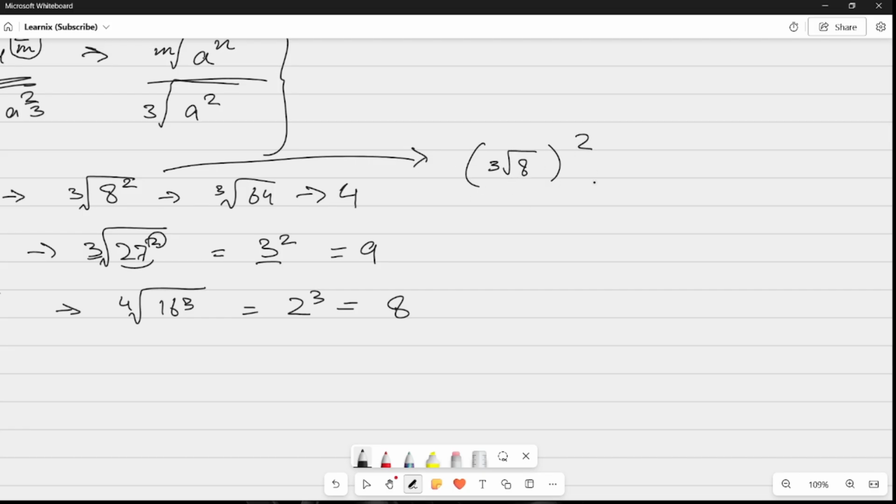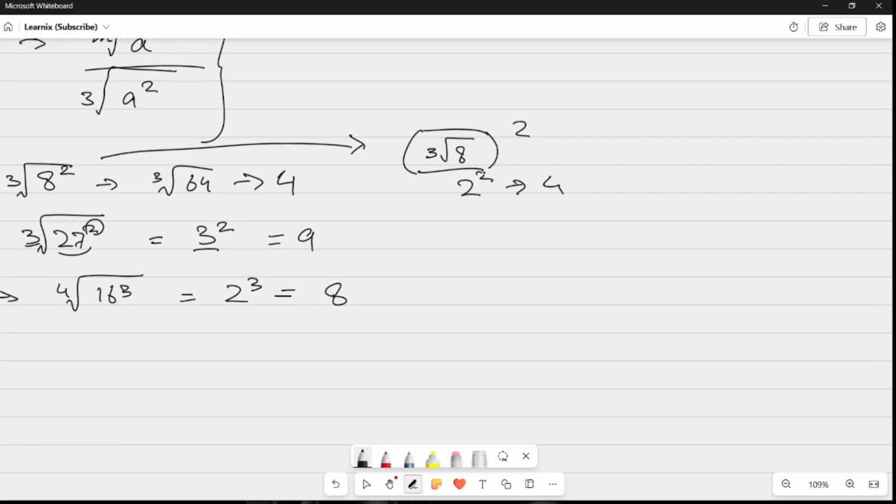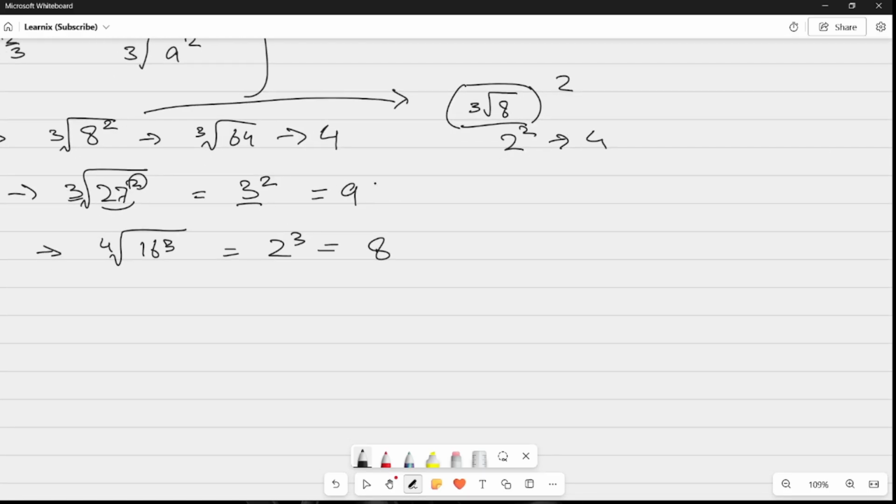Maybe this will be easier for you because we know the cube root of 8 is 2. So it will basically be 2 squared, which will give you 4. I think this method is a lot easier for people to understand, but sometimes they might mess it up and cancel it out. That really sucks.